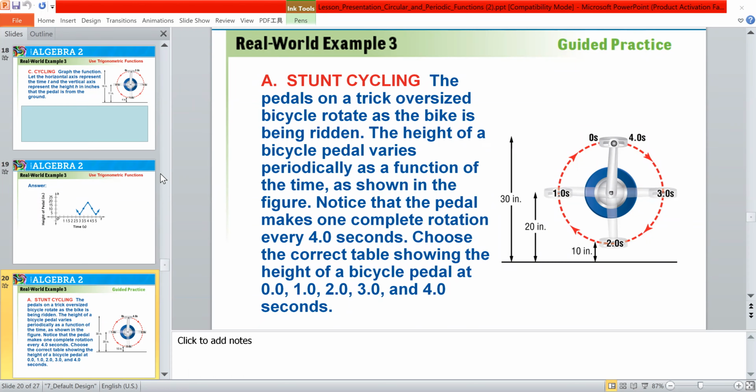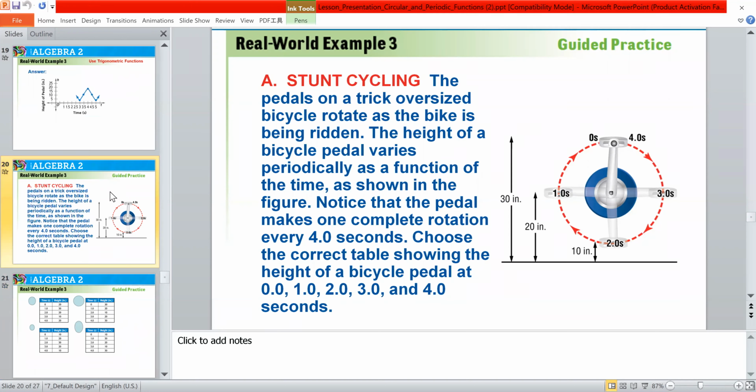So this is a multiple choice problem, and these are your answers. But we will make the table and then choose the right answer. I return to the drawing, Khalid, and I start to make the table with you.